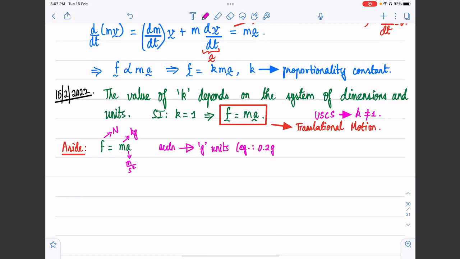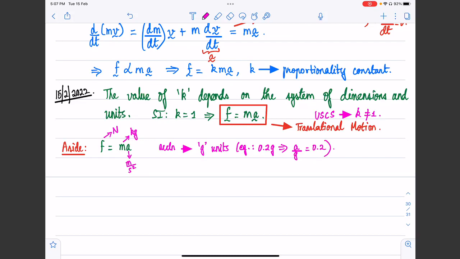That means that we are essentially normalizing the acceleration by the acceleration due to gravity and reporting. Okay, so this implies that acceleration normalized with respect to the acceleration due to gravity is 0.2. Okay, so this is something which is important. We need to remember this, right? Because this is a very common convention used in vehicle dynamics.